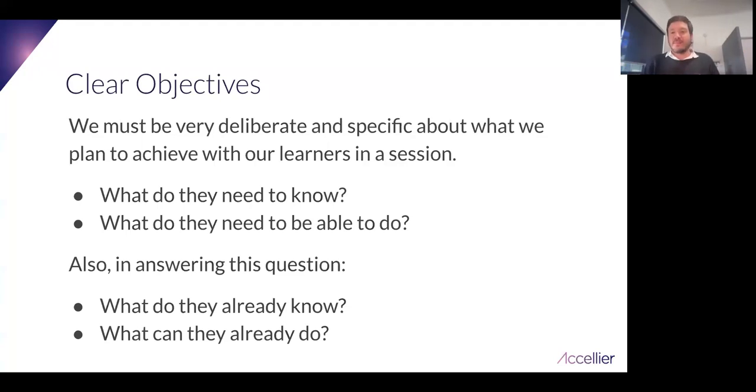And what do they need to be able to do by the end of this lesson? And in doing that, one of the things you will need to consider is, what do they already know and what can they already do that relates to it? Because that will influence some of your design decisions.